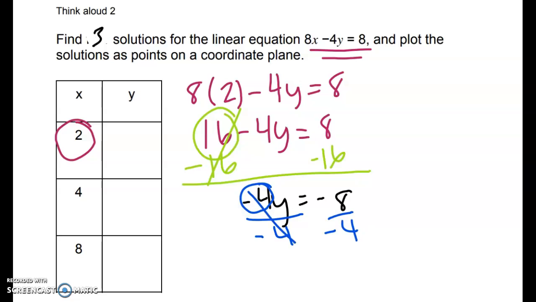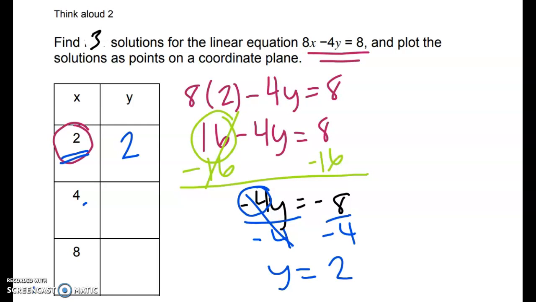That eliminates, and I'm now left with y is equal to negative 8 divided by negative 4, which gives me a positive 2 back. So I know in this table, I'm going to get 2 as my output. What I did, I substituted the value that's in the table, just the number 2, into the equation, and then I just solved for y in order to know what my output is going to be.